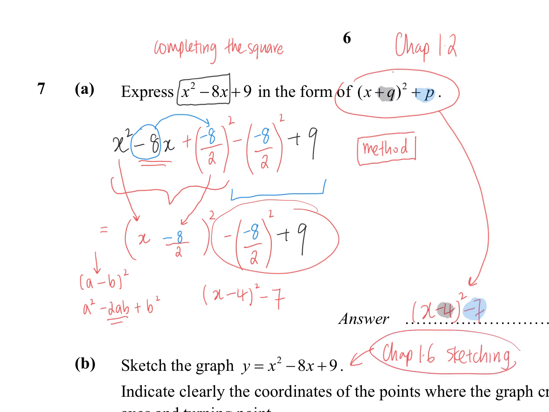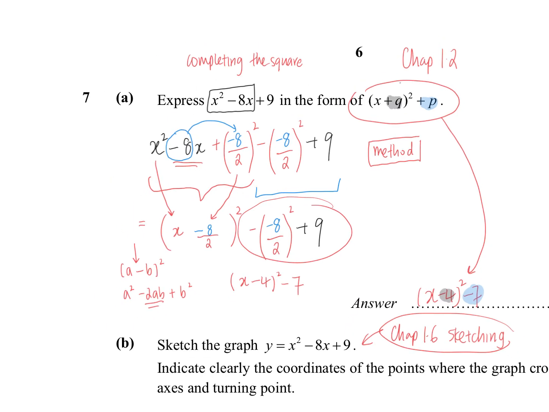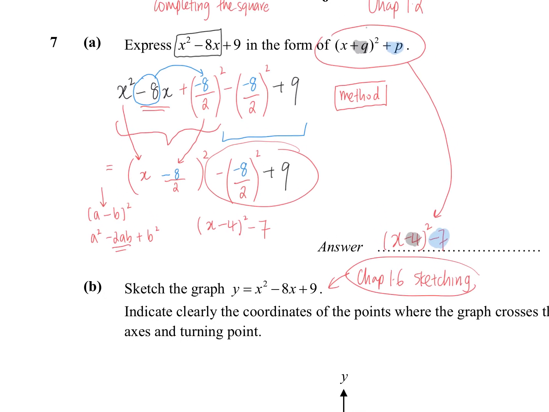Anything is tested. Everything can be tested. No, this is Sec 3. First chapter. Remember we do the Lady Gaga song? Then after that, we do completing the square, we do fractions, we do sketching. Okay, that's all you remember.